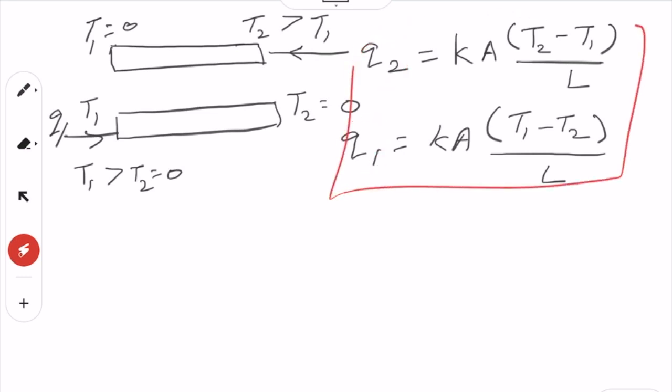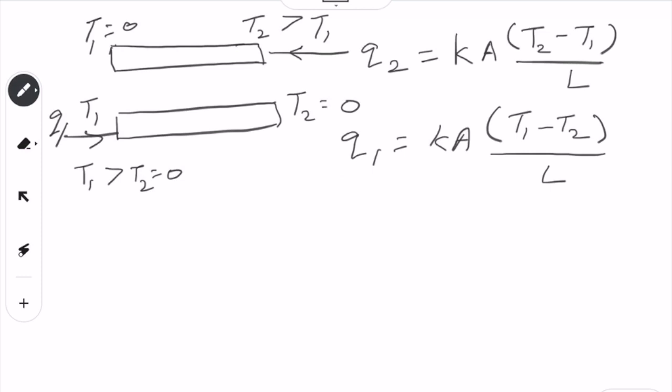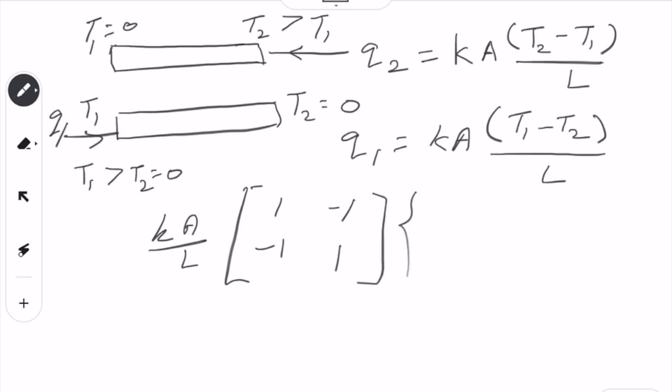We have two equations, and we can write them like this: K A over L, then the matrix 1, minus 1, minus 1, 1, multiplied by T1, T2, is equal to Q1, Q2.